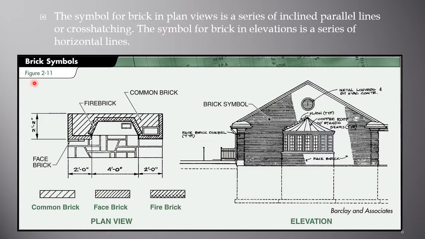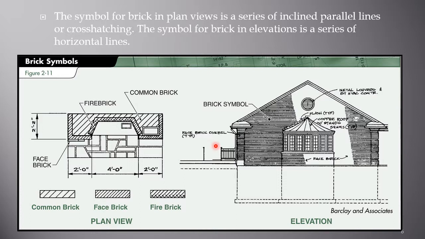Now, some of the exterior features will be shown in a symbolic way. Individual brick, for example, is rarely shown on prints nowadays. Once upon a time they were, but it's a very labor-intensive way of drawing.